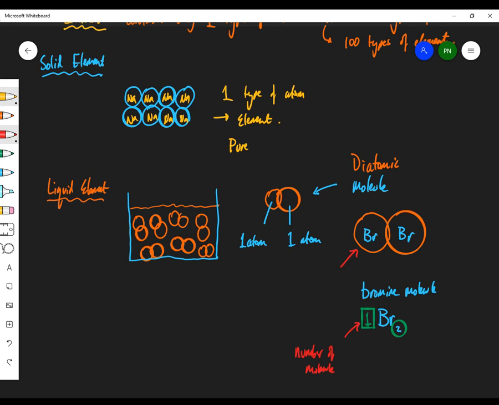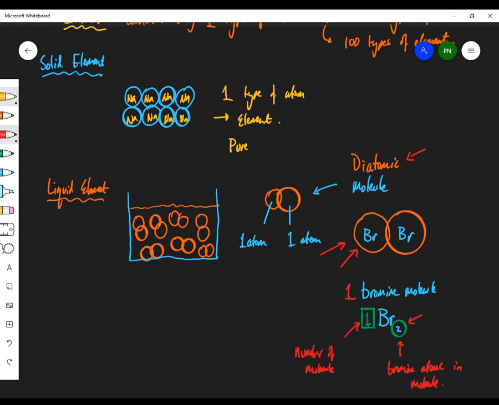But how many atoms are in the molecule? Well, this tells us the number of bromine atoms in the molecule. So how would we say all this? This is one bromine molecule, and one bromine molecule is composed of two bromine atoms. Because of that, we call it a diatomic molecule.